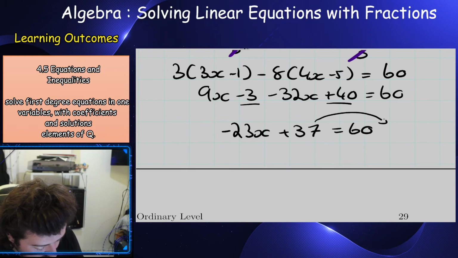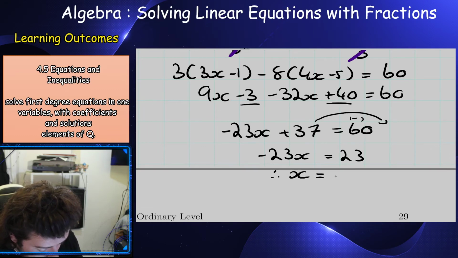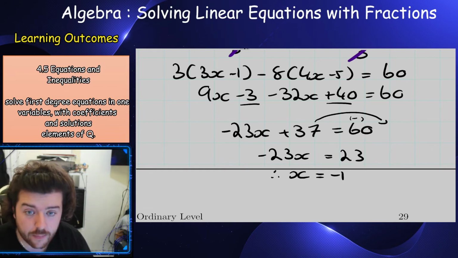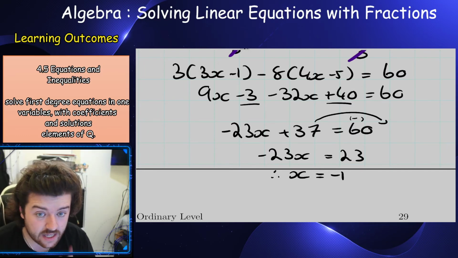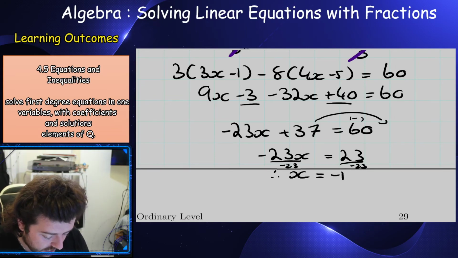Bring that plus 37 over, make it a minus. So 60 minus 37. I have minus 23x equals 23. x is going to be equal to minus 1 because I'm dividing both sides by negative 23, and 23 divided by negative 23 is negative 1.